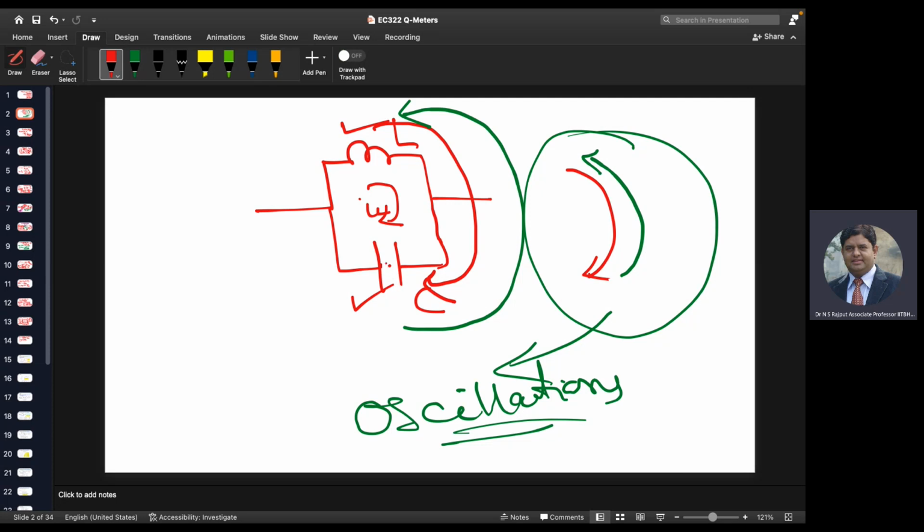Then it starts behaving as a battery and pushes the energy back and saves it into the inductor. Now, when there is a lossless combination, meaning L and C don't have any resistance, then these oscillations will continue forever, right? So this is about the LC circuit and oscillations. Okay.